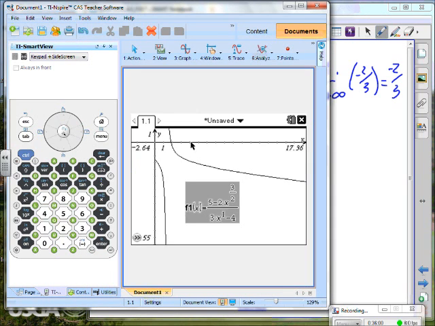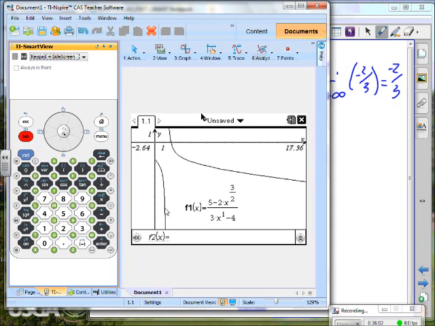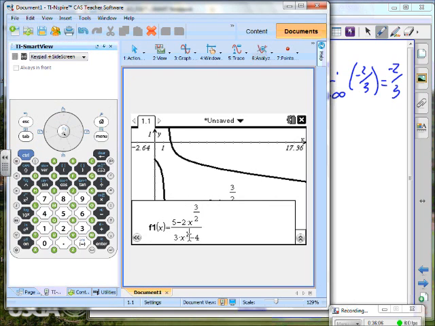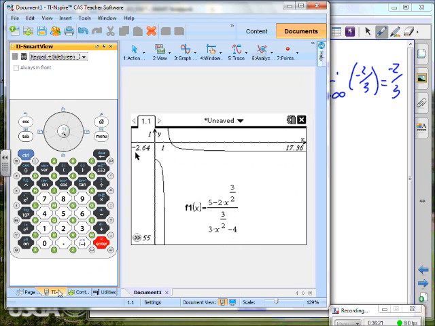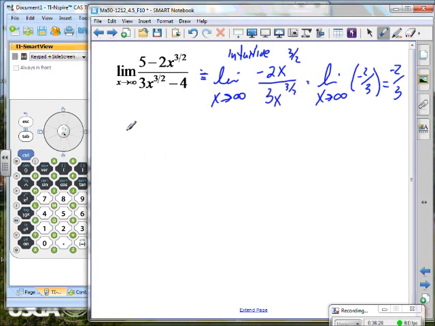All we have to do is go down here and change that exponent in the denominator to be 3 halves. So now we're going to have a horizontal asymptote. Does it work? There it is. Okay? Negative 2/3. Analytically, how are we going to deal with this?